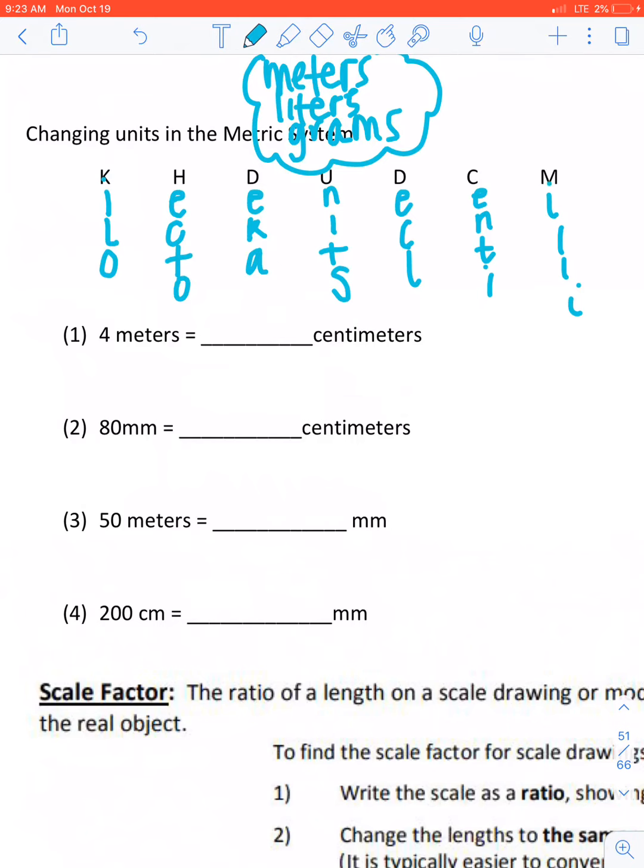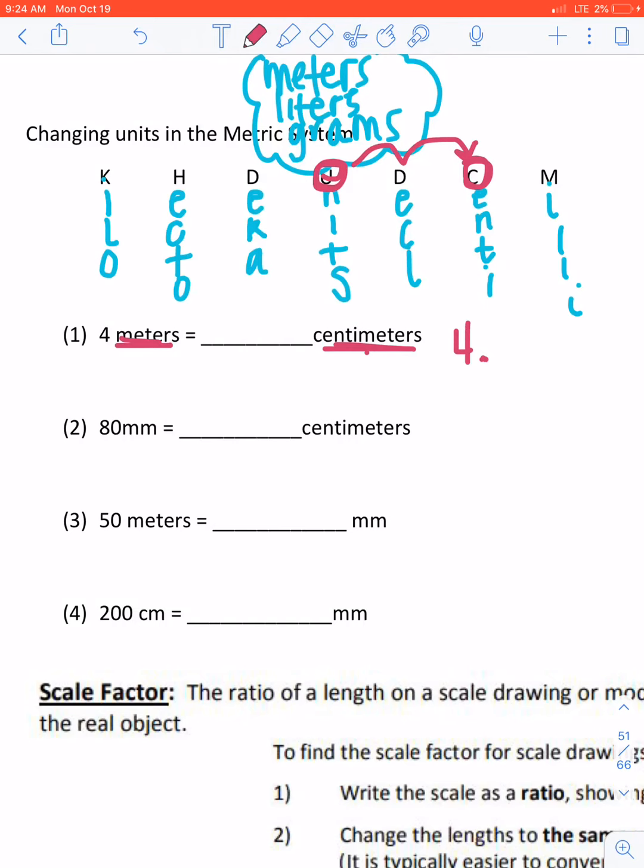All right, so now I'm going to show you how to convert between the units. So in question 1, it's starting with meters and going to centimeters. So let me show you how to do this. So the M, the meters, would be your U, and we're going to the C. So we're going 2 units to the right. Now you need to know that because the number that you're given is 4. Now this is a whole number. Whole numbers start with decimals at the end, so that would be 4 point.